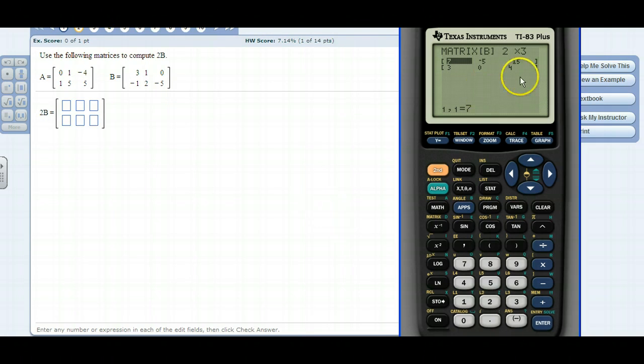If you get those backwards, just look at it before you start filling in blindly and realize that you've made a mistake. If you did a 3 by 2, it's going to have 2, 2, and 2, and that's not what this looks like. So just look before you start automatically typing numbers in.